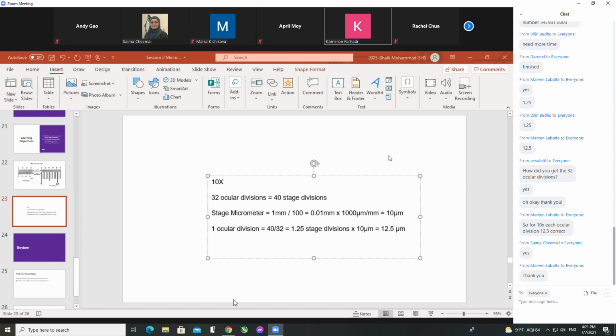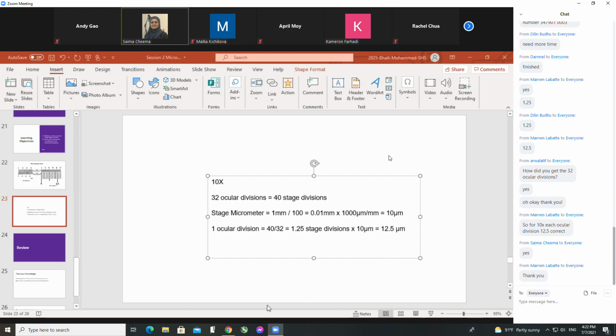Professor, I understand that the stage micrometer divisions should decrease as you increase the objective lens magnification. But I wasn't able to align mine, so I couldn't find the stage micrometer divisions for 40x and 100x. Really? Why is that?